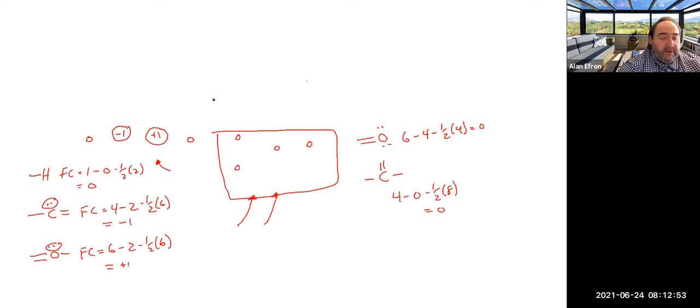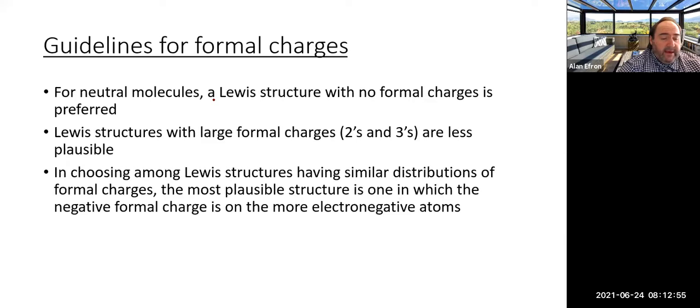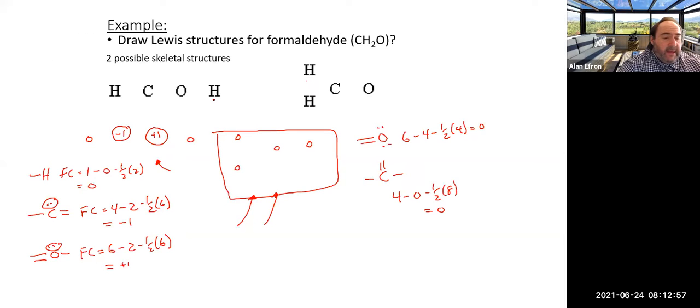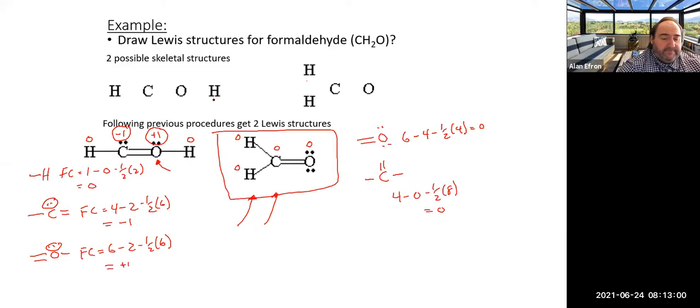To calculate formal charge, we take the number of valence electrons in the free element, minus the number of non-bonding electrons, minus 1/2 the number of bonding electrons. This gives us our formal charge, and we can calculate the formal charge on every element that we have. This is where we left off last time.